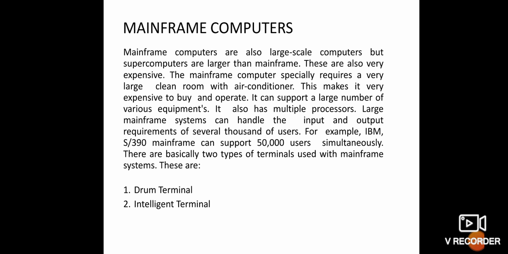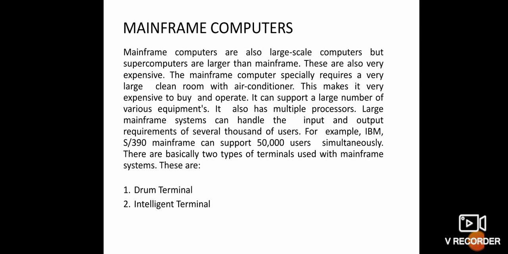It is expensive to buy and operate. It can support a large number of equipments. It has multiple processors. It can handle input and output requirements of several thousand users. For example, IBM S390 mainframe can support 50,000 users simultaneously.